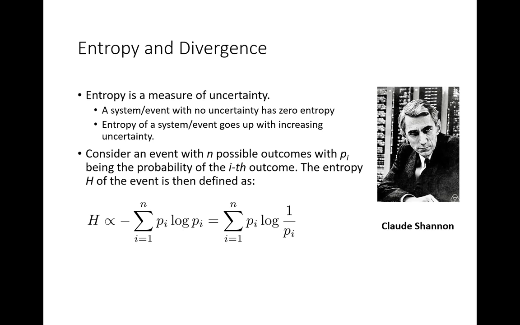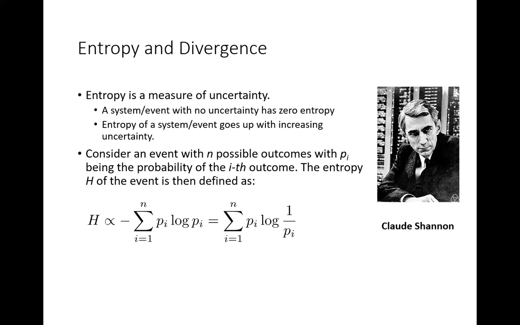All right. So every outcome has a different probability. In that case, we can say the entropy of this phenomenon or event is given by minus the sum from i equal to 1 to n of p_i log p_i. Or you can write it also as the summation of p_i log 1 upon p_i, if you don't want to carry the negatives. All right. So this is the definition of entropy.